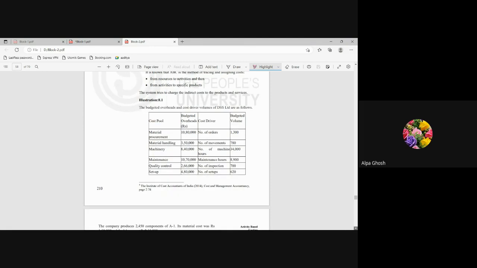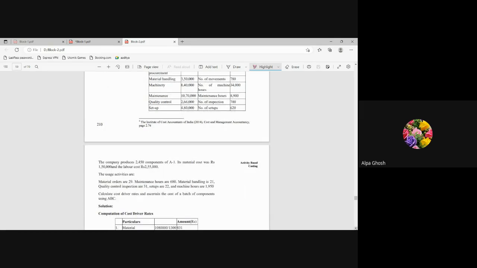So these are the budgeted overheads given. Now, the company produces 2450 components of A1. Its material cost was rupees 1,50,000 and the labor cost is rupees 2,55,000.